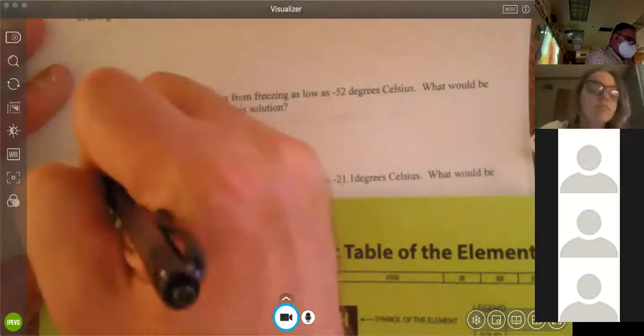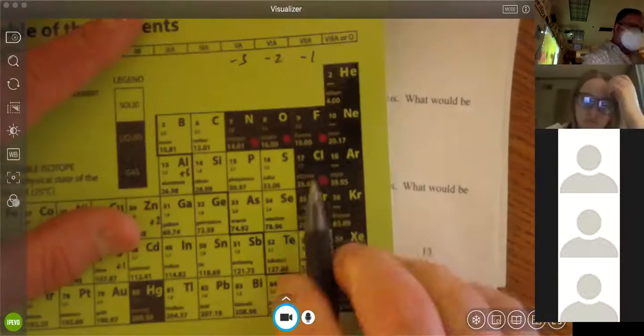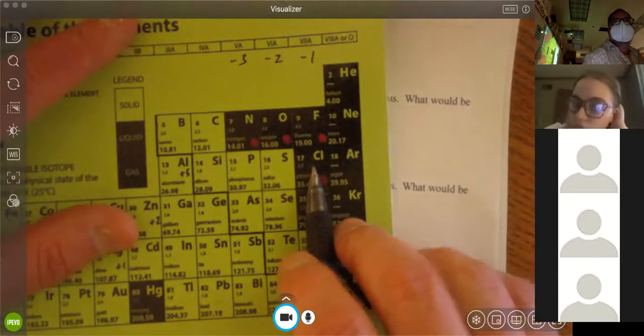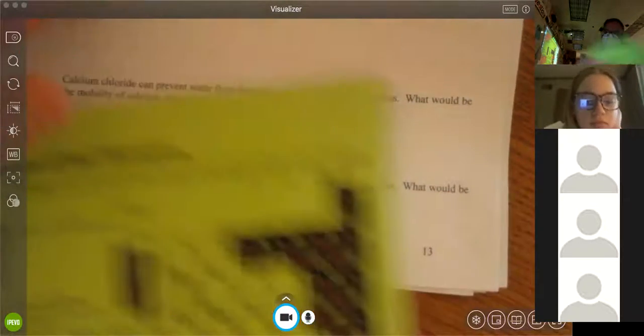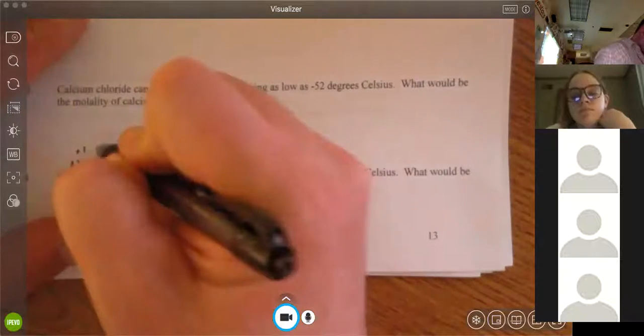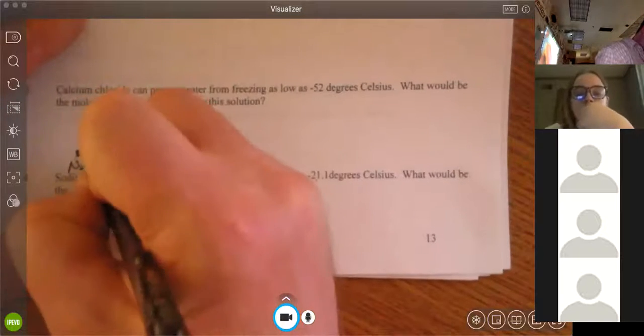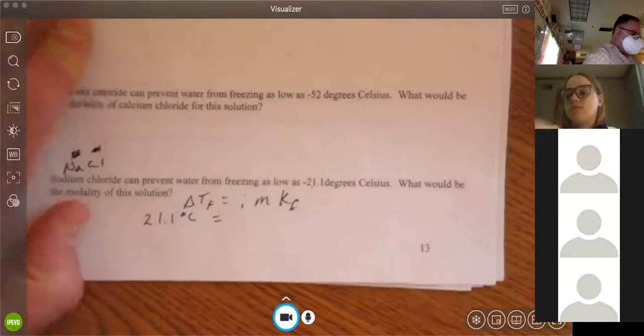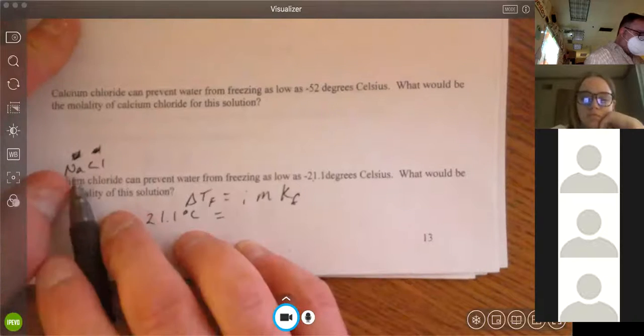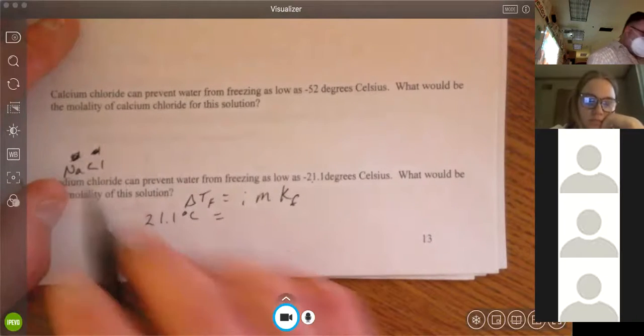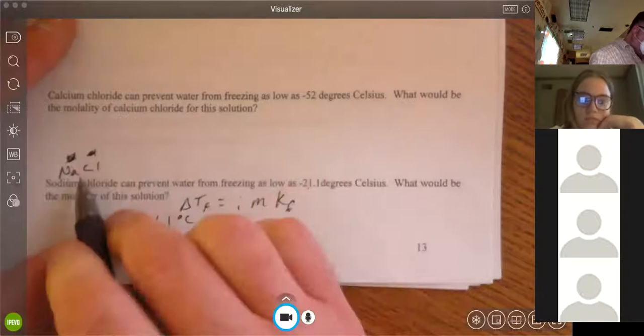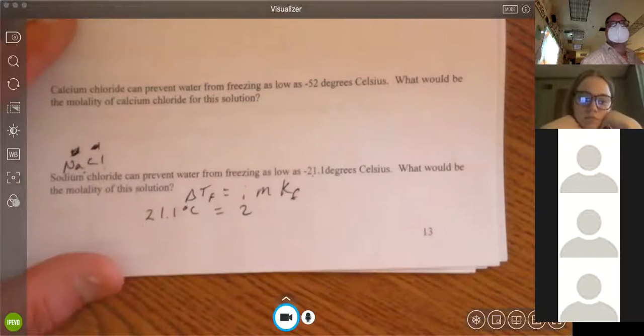What's the charge of chlorine? -1. So the formula for sodium chloride is NaCl. Since sodium is a metal, my Van't Hoff factor is 2, since I have one of each of these.